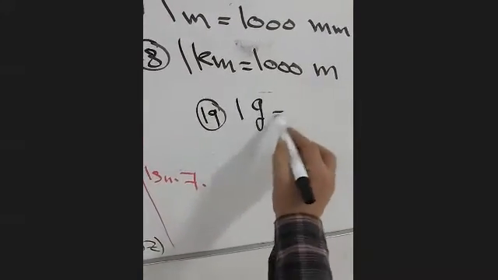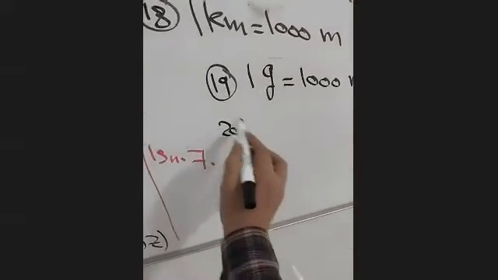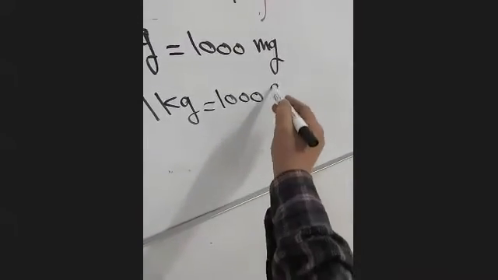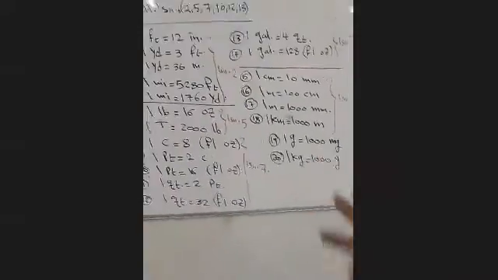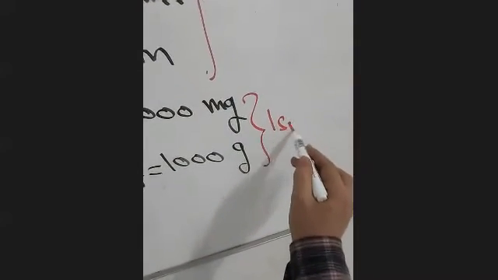Each 1 gram equals 1,000 milligrams. And number 20, each 1 kilogram equals 1,000 grams. These two are for lesson 12.